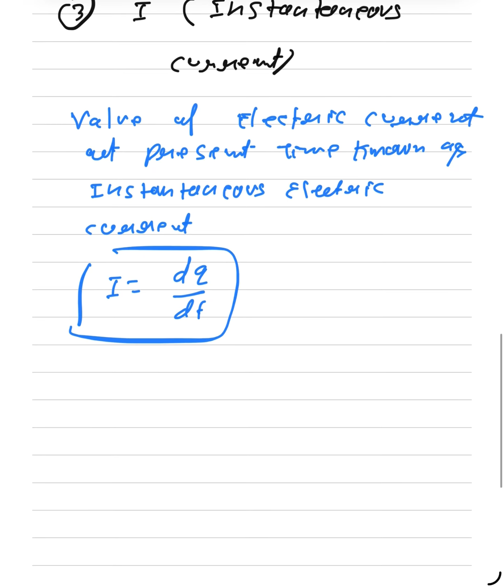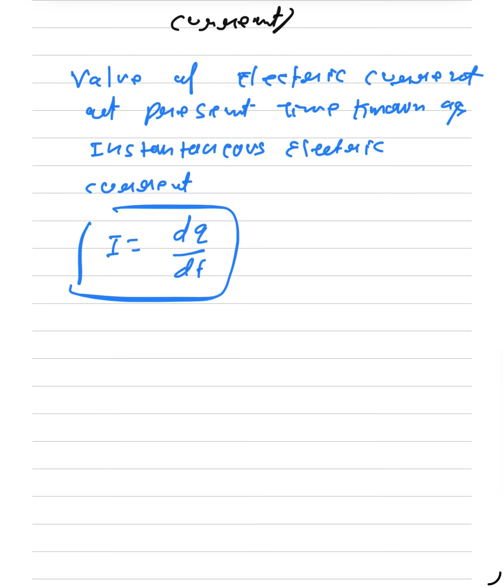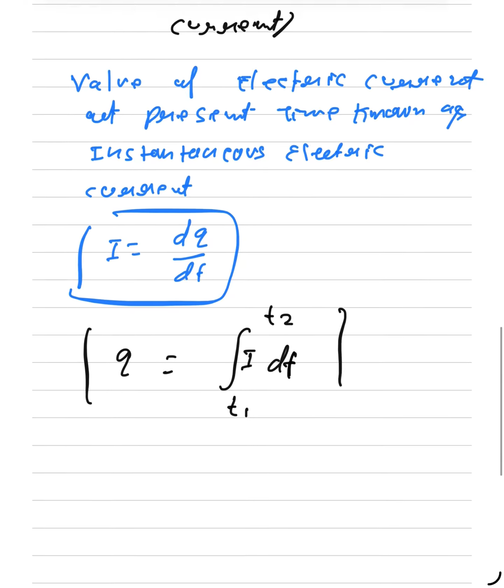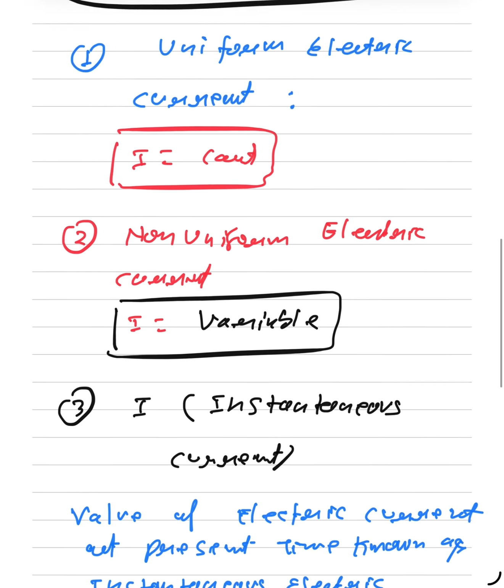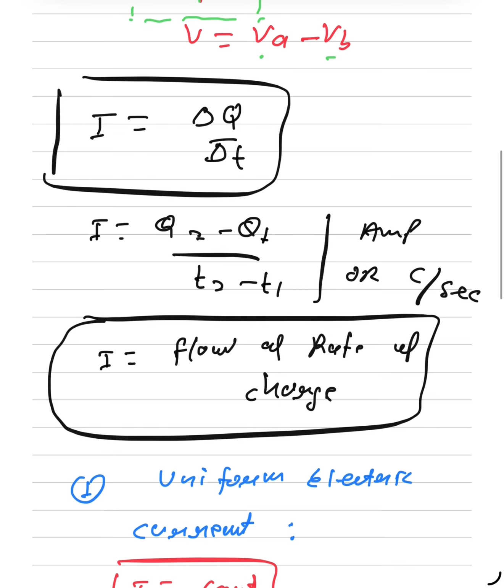I equals dq divided by dt, and q equals the integral of I dt with limits from t1 to t2. This is the value of instantaneous electric current flowing in the circuit due to the flow of charge. The concept of electric current: rate of flow of charge with respect to time.